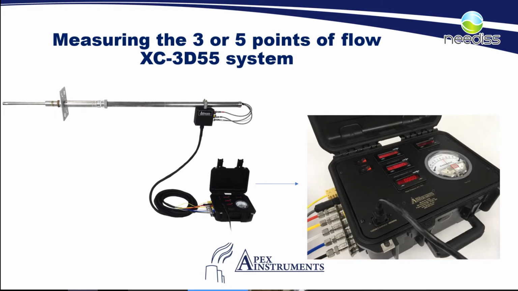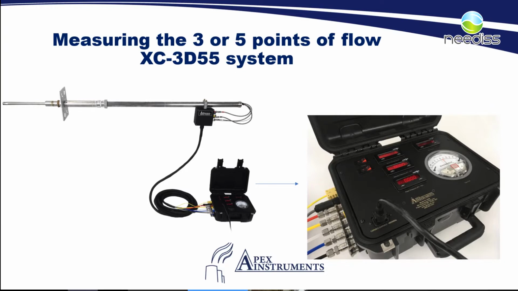We do the exact same here for our method 2F or 2G sampling, when we determine exactly where we're going to be sampling inside the stack. And then what this system will also do, it will allow us to measure the 3 or the 5 lines or 5 impact points simultaneously for us to determine our yaw or our yaw and pitch angle.